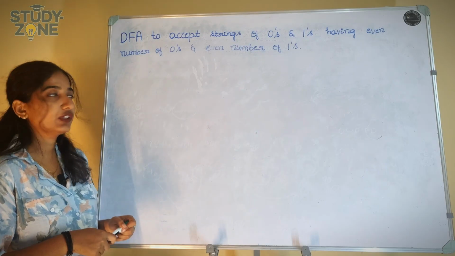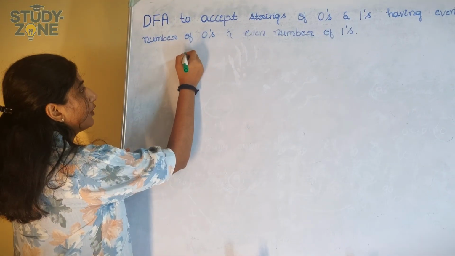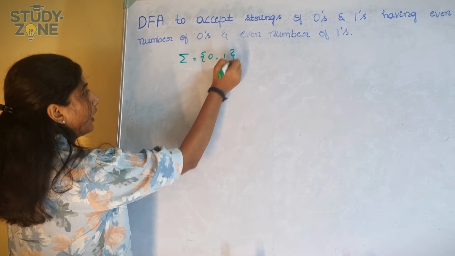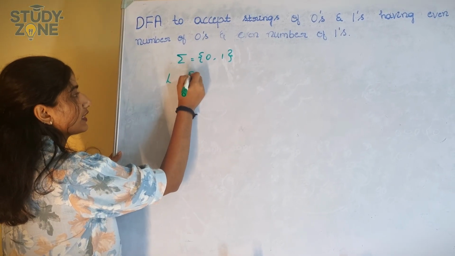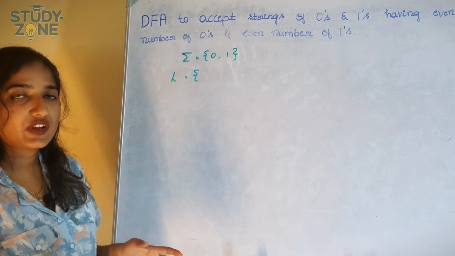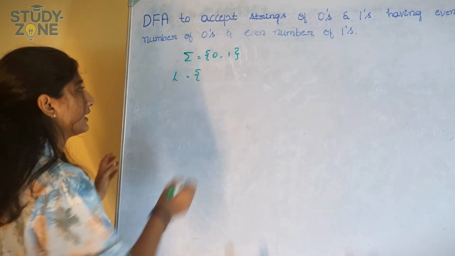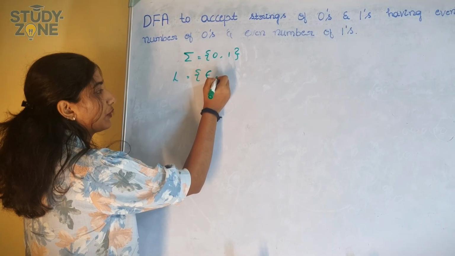Now, what are the alphabets here? Alphabets are 0 and 1, right? And the language means the strings we are going to accept. First is the empty string. Why?